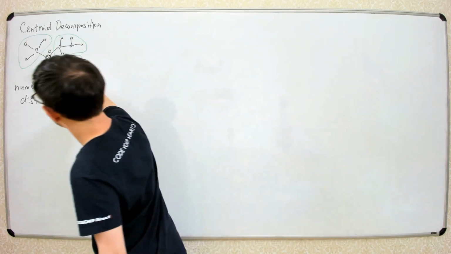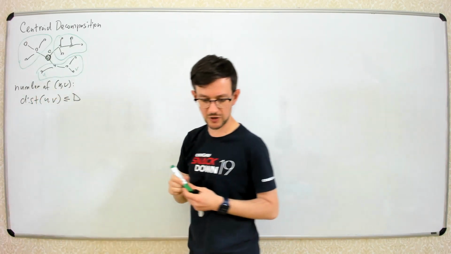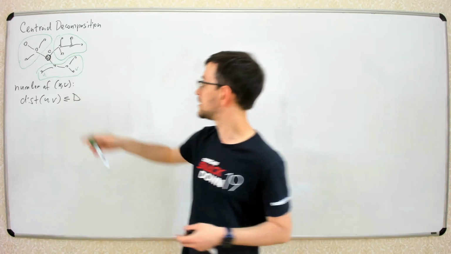So if U and V are both inside one of these regions, then this path does not include this node C.